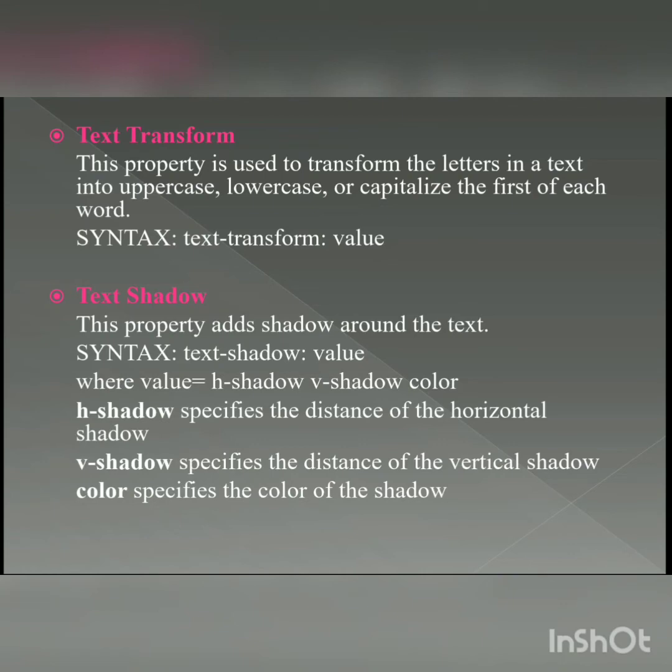Means when we are creating a horizontal shadow, what should be the distance of this horizontal shadow? V shadow means it specifies the distance of the vertical shadow, and color is what color you want to give to the shadow. So this is the text shadow property that is used to add shadow around the text, and this is also used for just enhancing the appearance of the text.